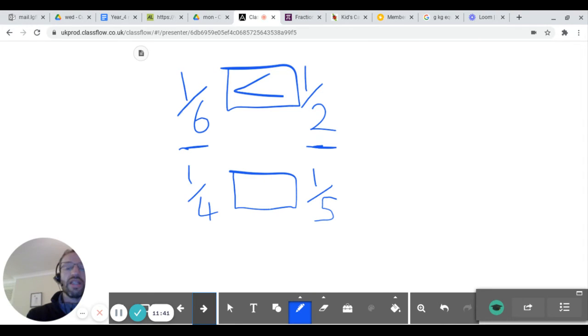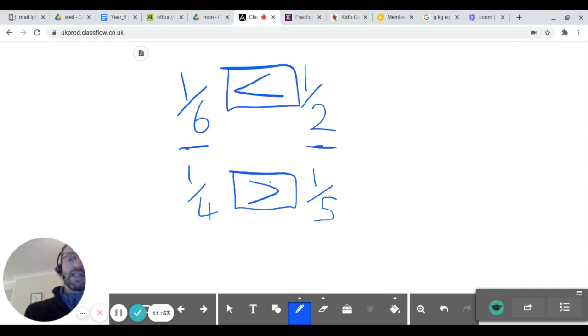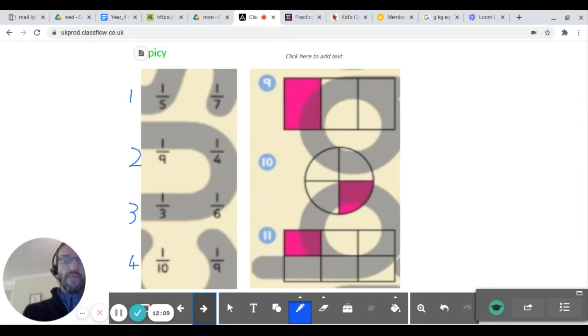So I can say a quarter is greater than, which is the symbol for greater than. Notice they're facing different ways. Often we remember this because we think of the symbol as a little face. So here's the crocodile, and he is facing the bigger thing. He wants the bigger number, or in this case, the bigger fraction. And here he's facing the half because the half was the bigger fraction. So that's how we can remember and how we can work out which is bigger and smaller of fractions.